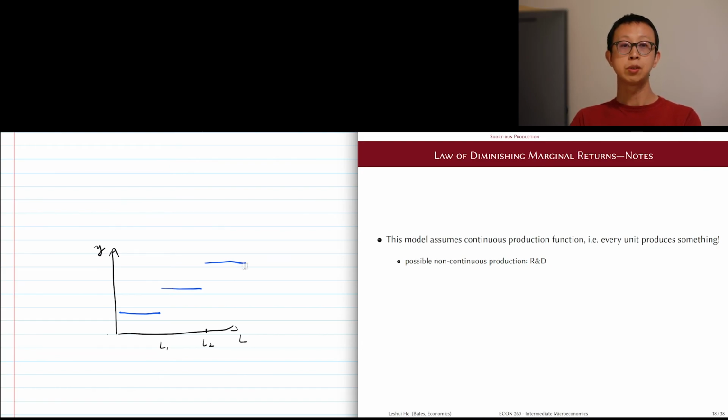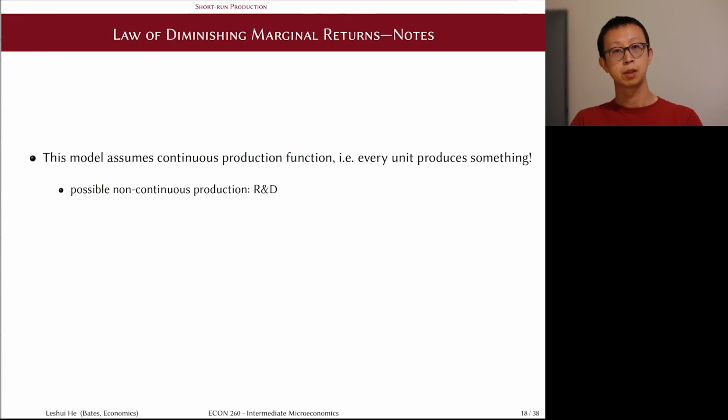So can we still use the model for applications like this? Well, yes, we can. This is because the decision problem about inputs usually takes place before the production actually happens. So there is always a forward-looking element to this decision. In other words, it is appropriate to think of the input as increasing the probability of a discovery or a breakthrough.